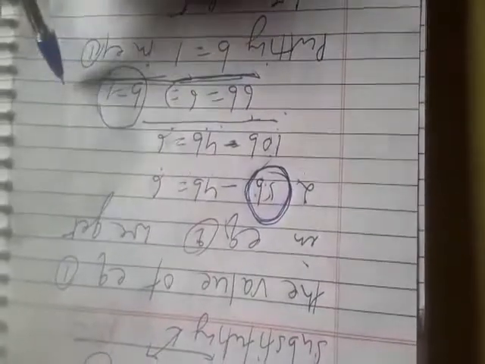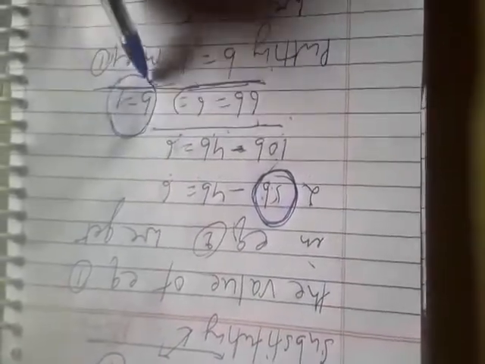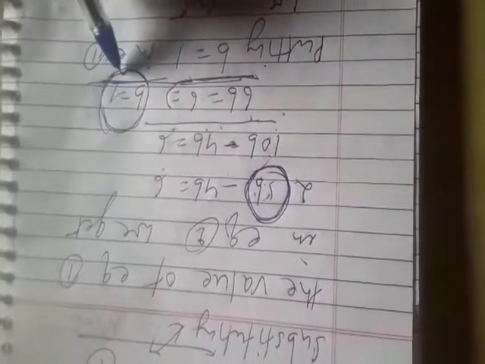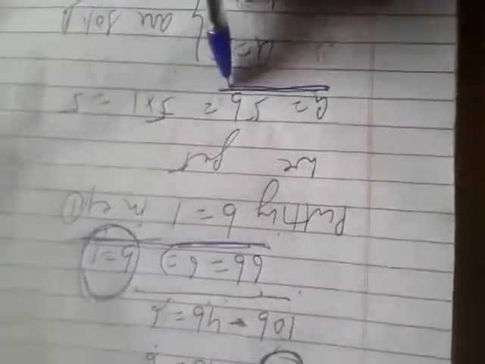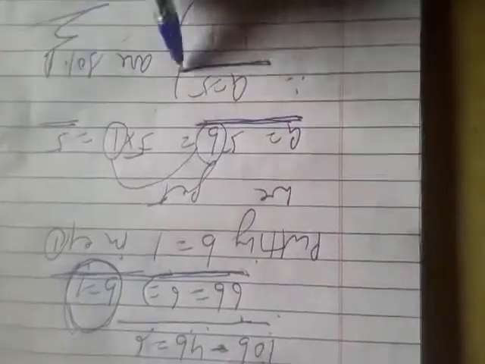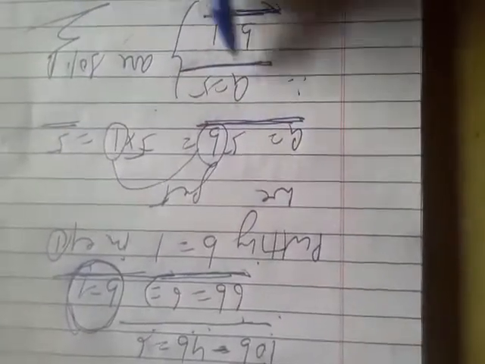Now we will substitute the value of b is equal to 1 in equation number 1. If we put b is equal to 1 in equation number 1, we get a is equal to 5b. Now for b we can write 1, and 5 into 1 will give us 5. Now we have obtained the values of the two unknown terms: a is equal to 5 and b is equal to 1.